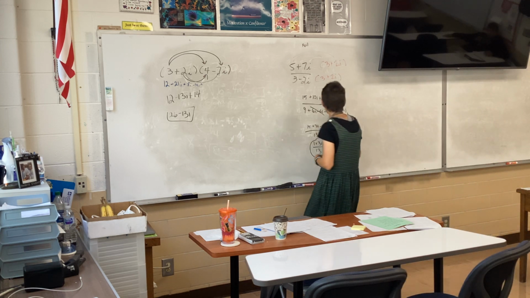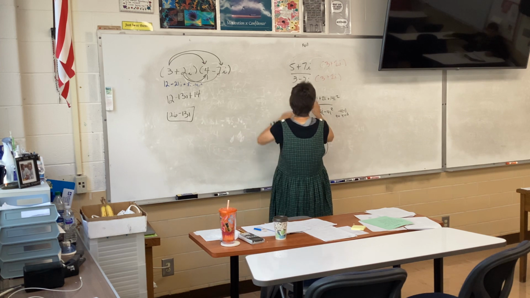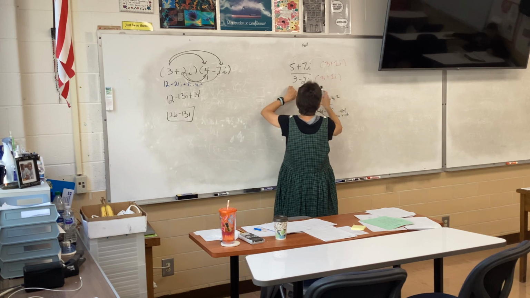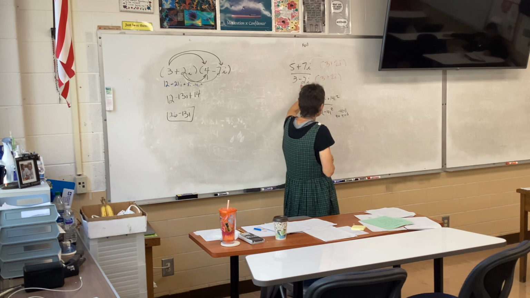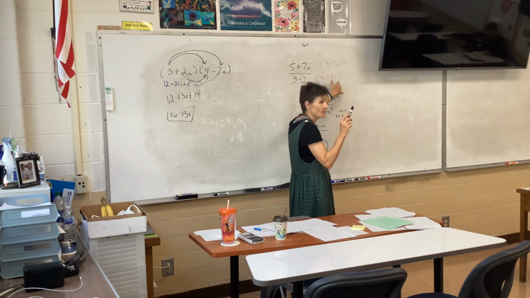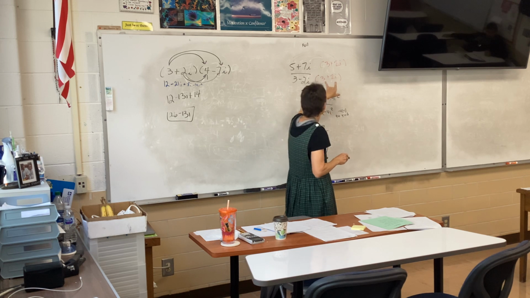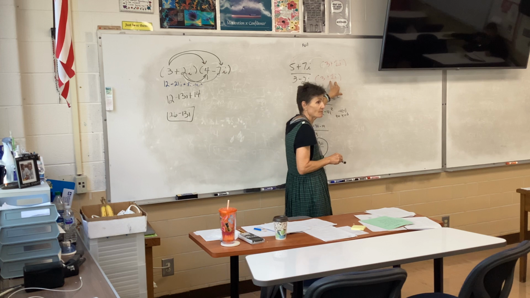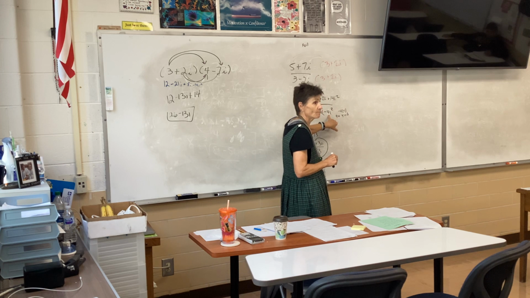Yeah, okay, so they FOILed on the bottom, and when you multiply a -2i times a +2i, when you FOIL the L part, last times last, -2i times +2i is -4i squared. So that's where this came from.